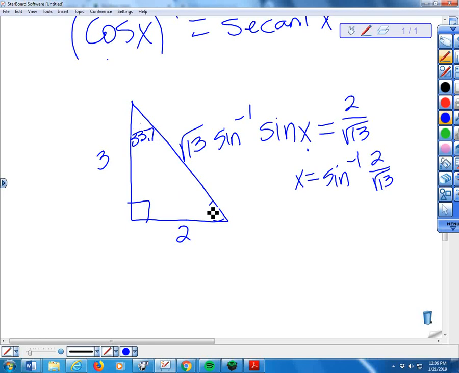How do I find this angle? Yep, I could use trig. What's a faster way? Yeah, or just take 90 minus this, because these two angles together must equal 90. Take 90 minus 33.7. What do you get? Yeah.